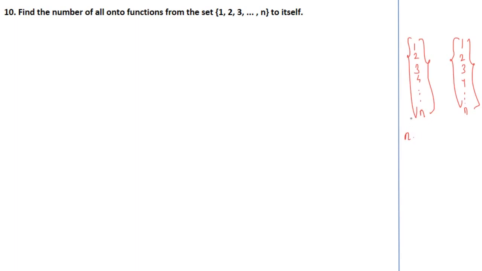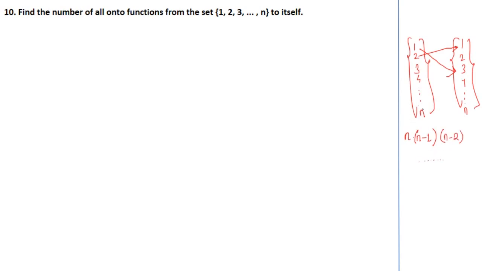So once one element got covered, there are n minus 1 elements, each having once again one choice. So that will give us n into n minus 1 choices for the second element. Suppose the second element is also covered. Now there are n minus 2 elements and correspondingly n minus 2 choices. So for n into n minus 1 possibilities, it will be n into n minus 1 into n minus 2, and this will be continuing.